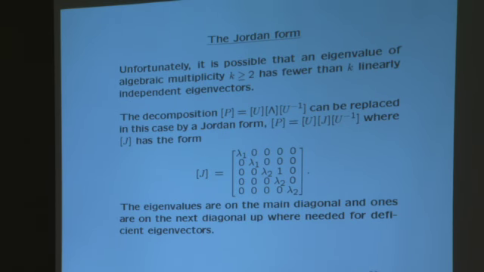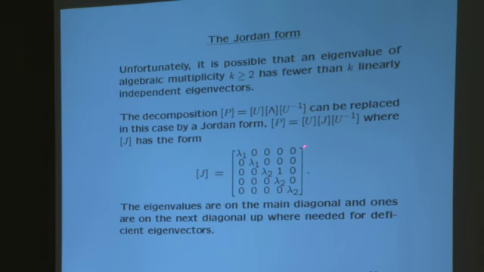And this finally is a matrix which is the inverse of this, and which, properly normalized, is the left eigenvectors of P. And you can replace this form by what's called a Jordan form, where P is equal to some matrix U times the Jordan form matrix J times the inverse of U.